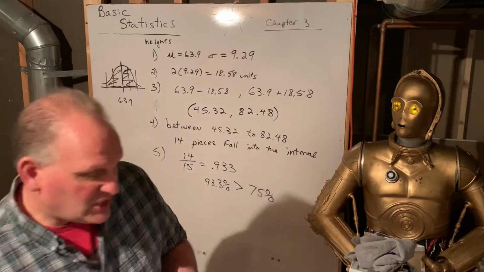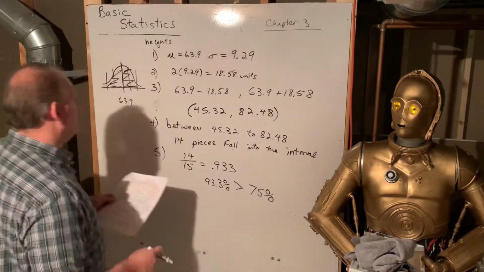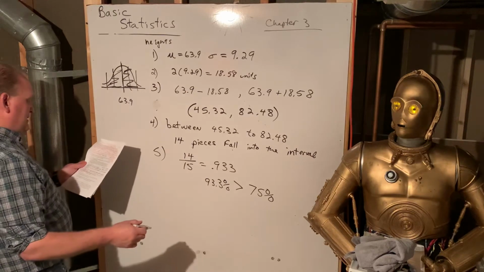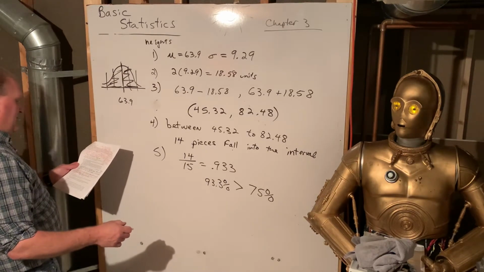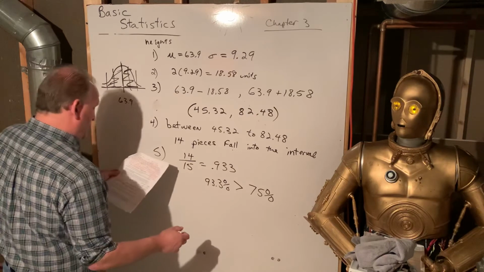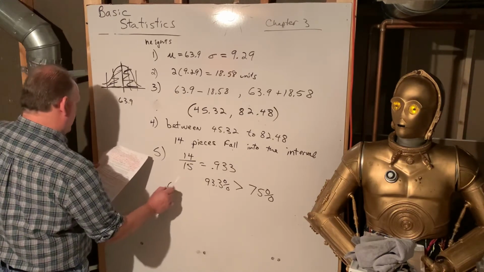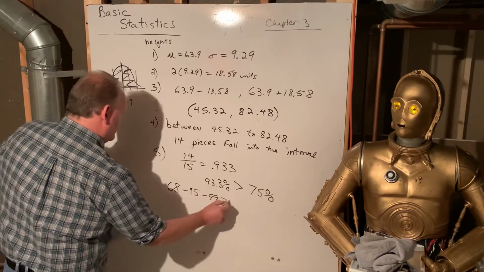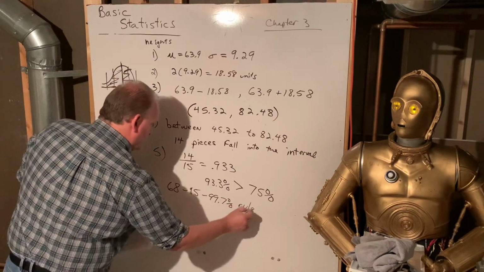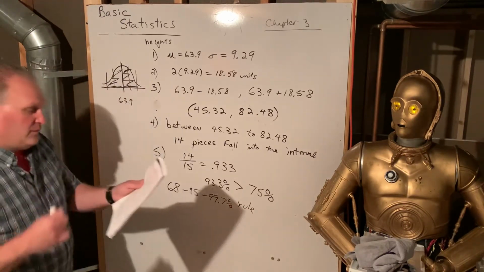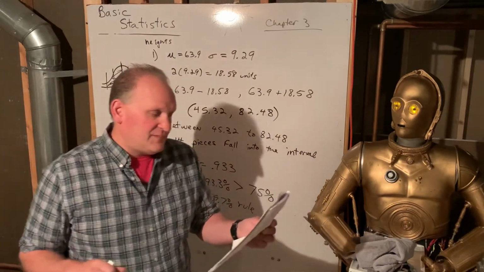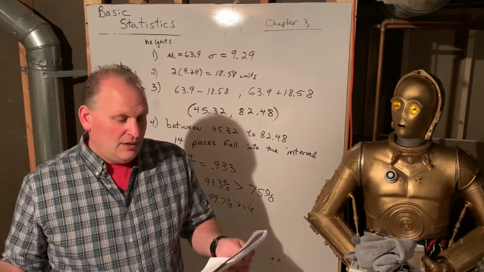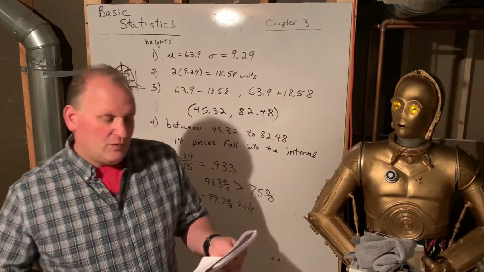If we have a bell-shaped curve, we can do it with a little more precision than this. And that is the 68, 95, 99.7% rule. So what we're looking at there is 68% of all the values would be between 1 standard deviation below and 1 standard deviation above.